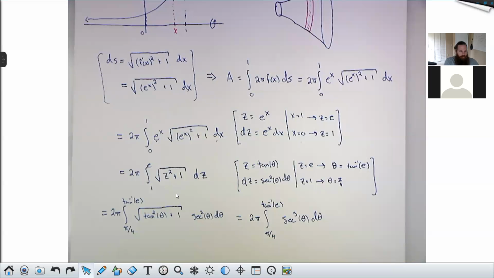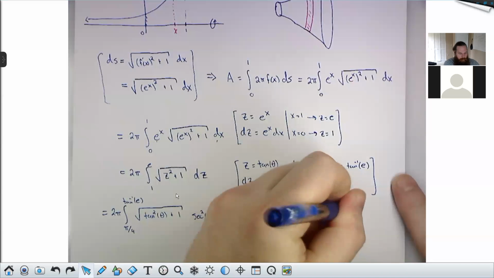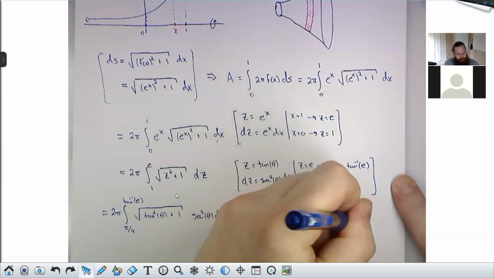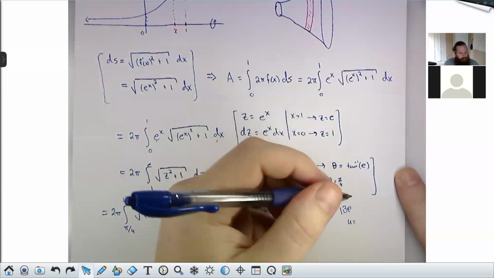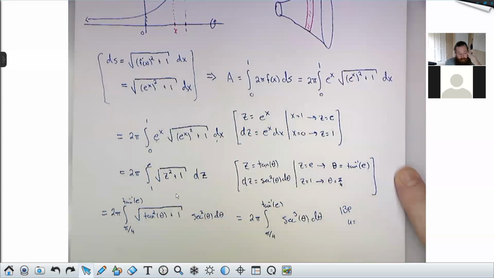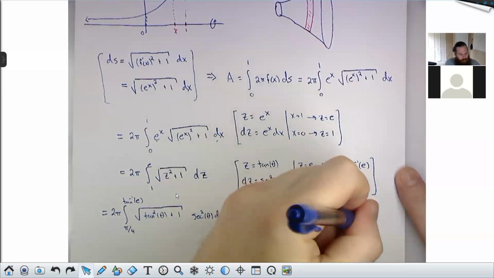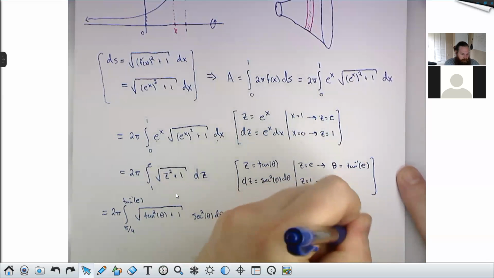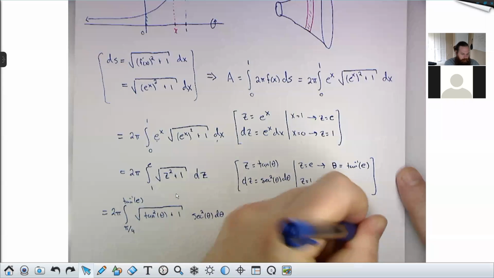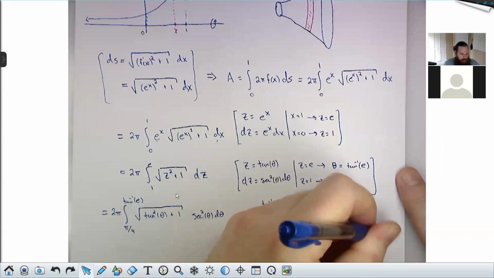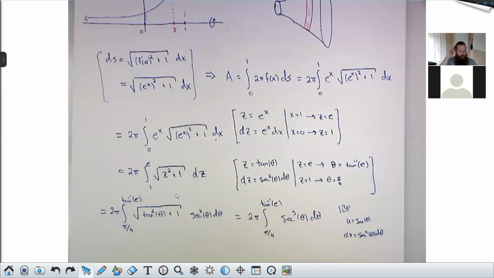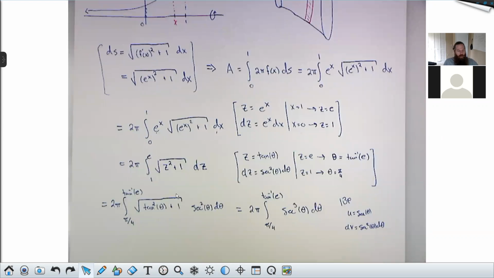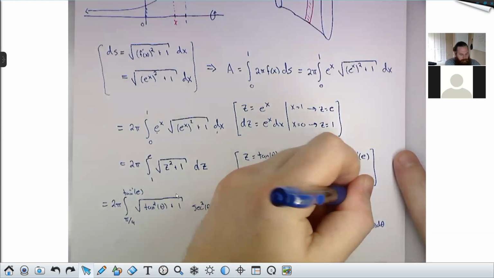You use IBP once. You think of this as secant times secant squared. U here is taken to be secant theta, and dv is taken to be secant squared theta d theta. I'm not going to show the full IBP here, but this is an IBP, and then it loops.